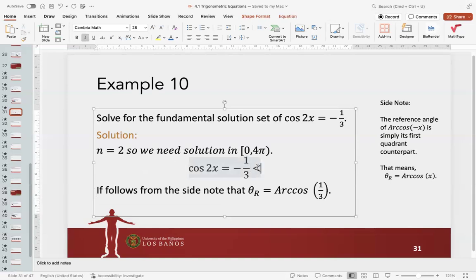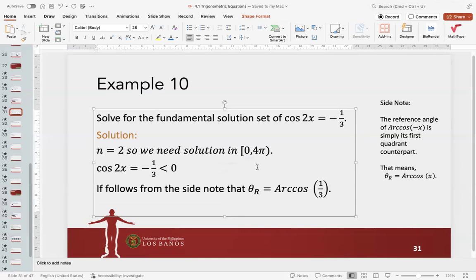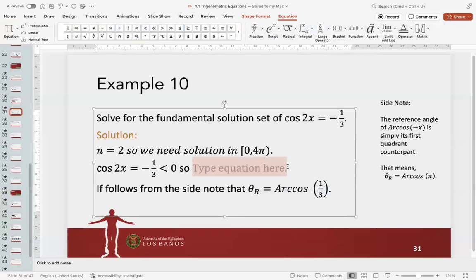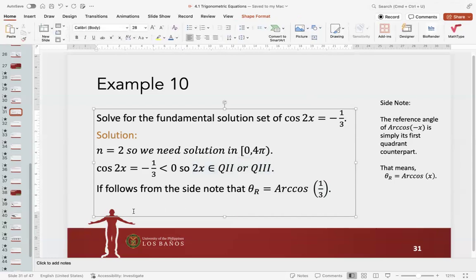So this is less than 0. So, the less than 0 yan, ang cosine, then that means 2x must be in quadrant 2 or quadrant 3 because these are the quadrants where your cosine is negative.